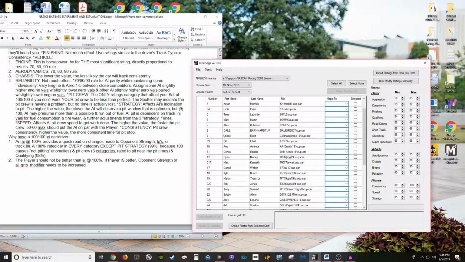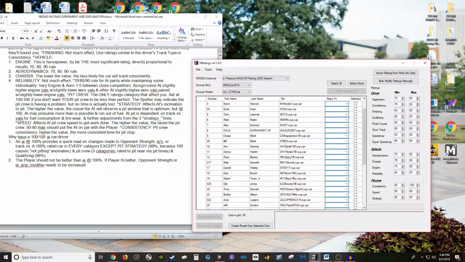You can do more research on that and see what works best for you, but typically I find if you want a driver to go faster, you make their engine better. If you want them to go slower, you make their engine slower. The two biggest things are engine number 1 and aerodynamics number 2. And then for the driver ratings, this is how well you want them to perform at each track, or do they have the chances of making a mistake.